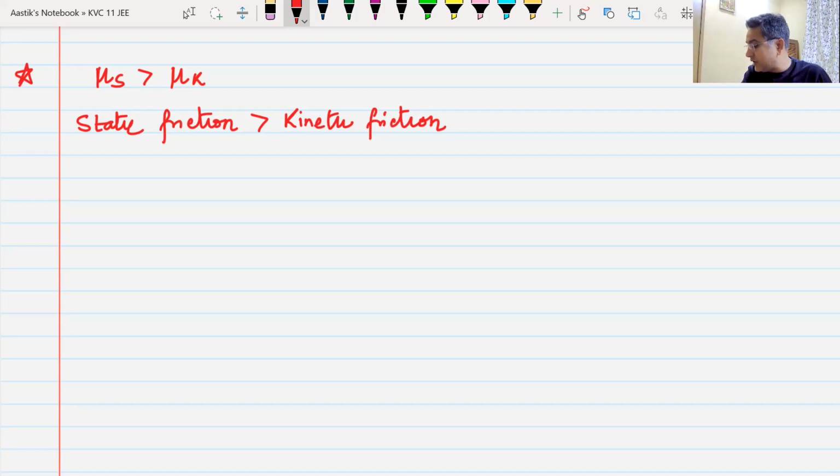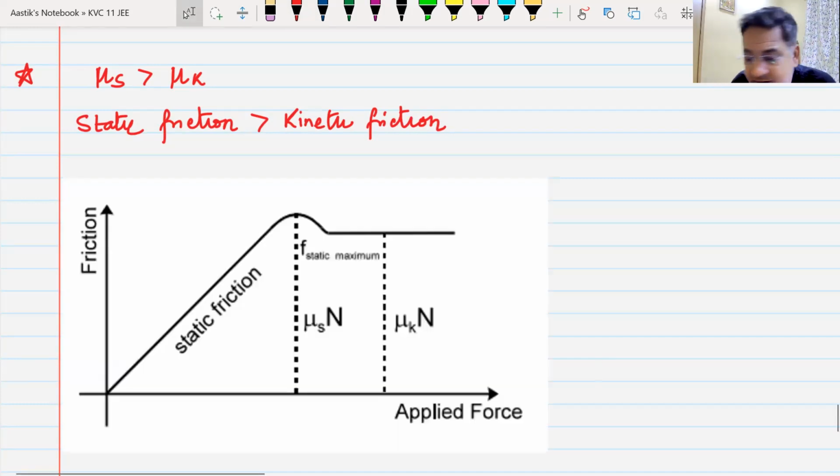This is for a body kept on ground. I hope you can understand this graph. On the y-axis, I have drawn the frictional force, and on the x-axis, what we have drawn is the applied force.